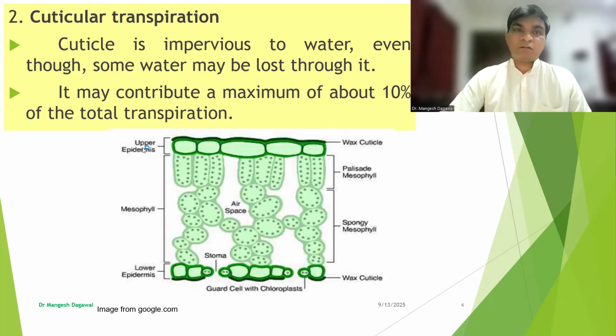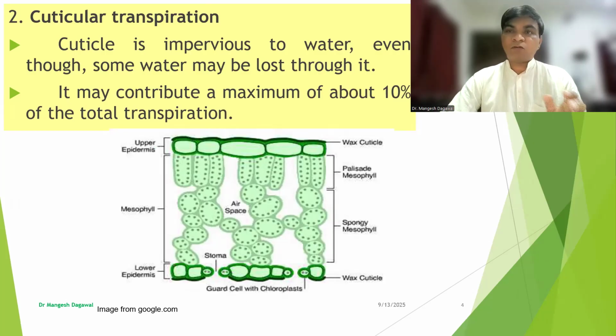This cuticle is impervious to water, yet some water may still be lost through it. This loss of water through the cuticle is called cuticular transpiration, and it is only about 10% in a particular plant.